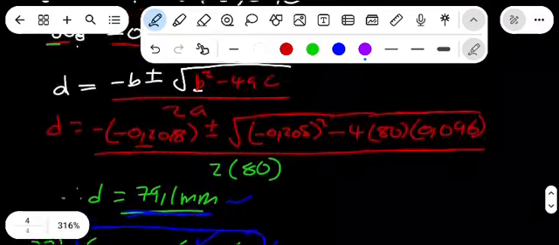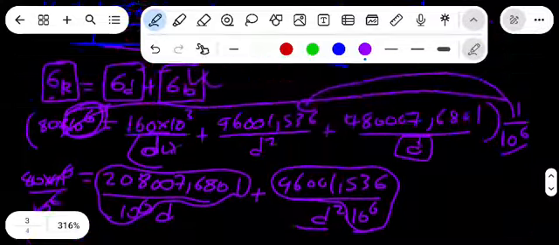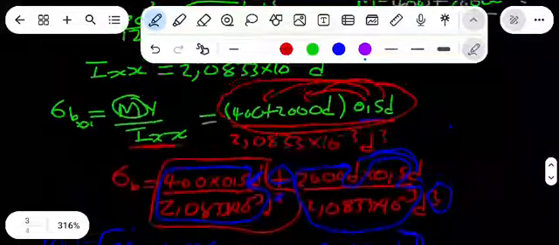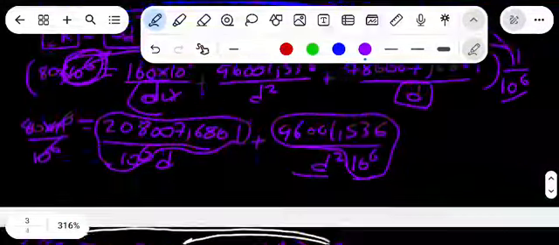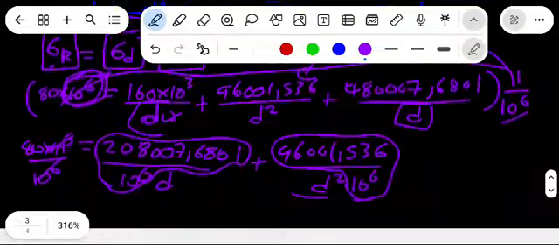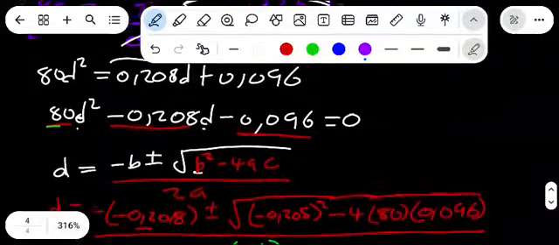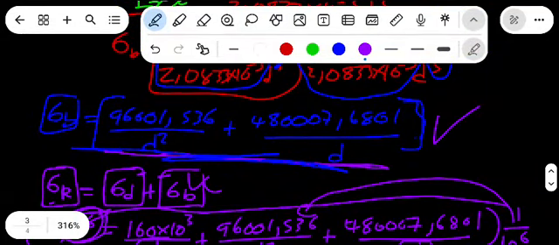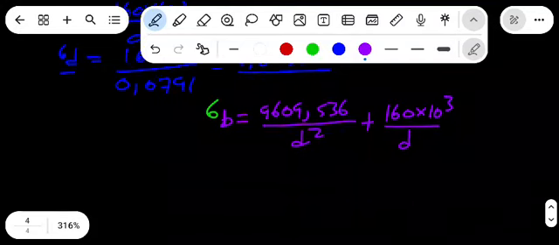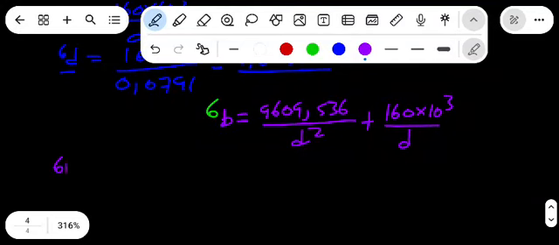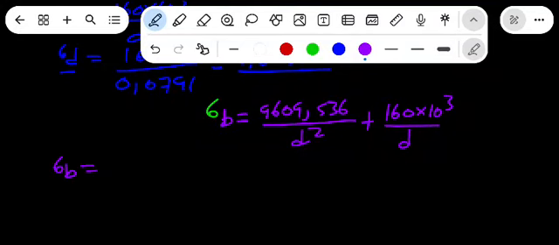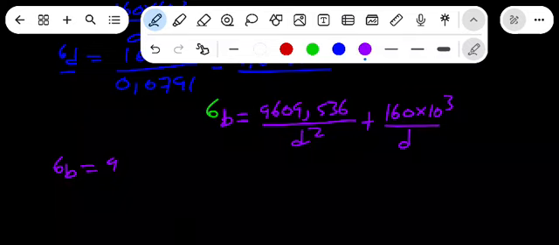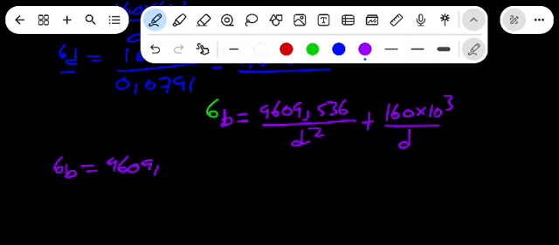Here it is, our direct, and here it is, our bending. So we have our bending stress, and now we know the depth.